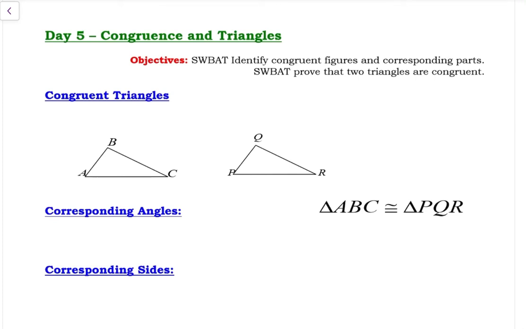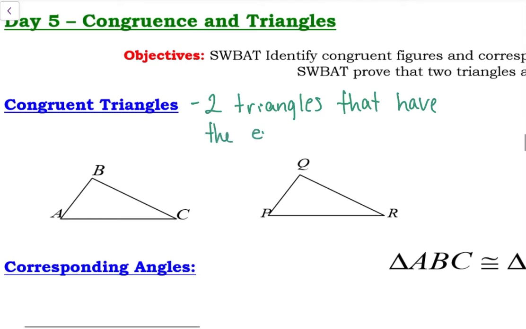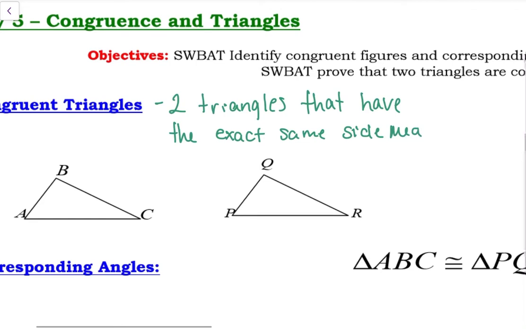So first off, starting off with the definition of congruent triangles, which is two triangles that have the exact same side measures and same angle measures.